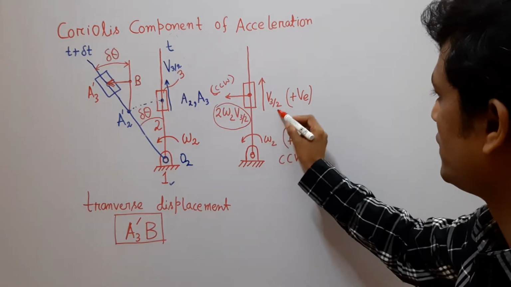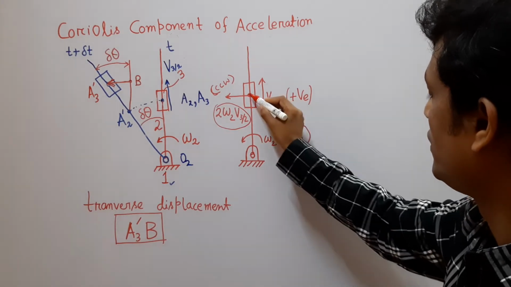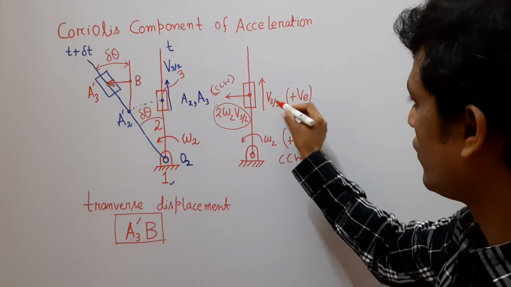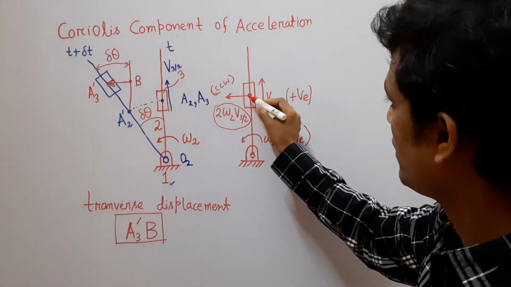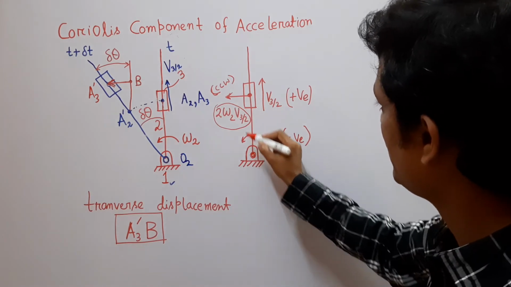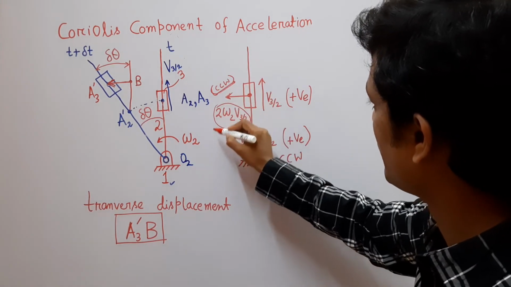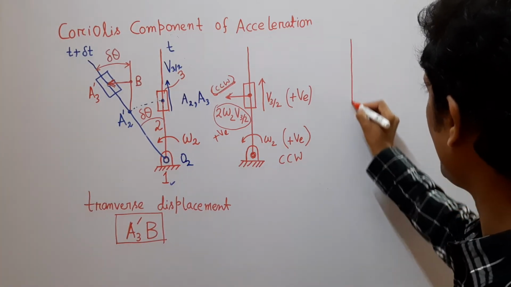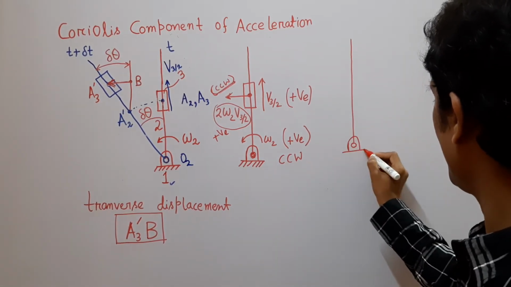So if one of these becomes negative, this will be along right hand side or in clockwise sense, because here 2 omega v is giving a moment at hinge at counterclockwise. This is positive, so this is also positive. Say now both are negative, then also 2 omega v will be positive.